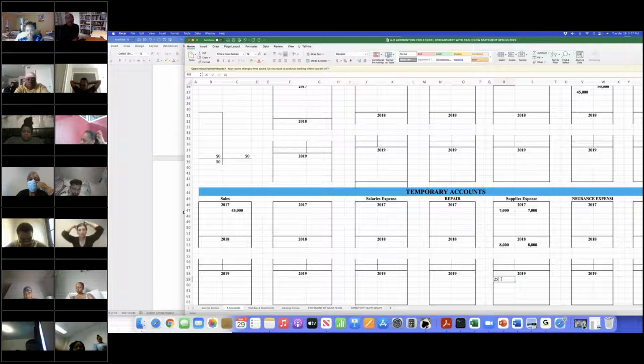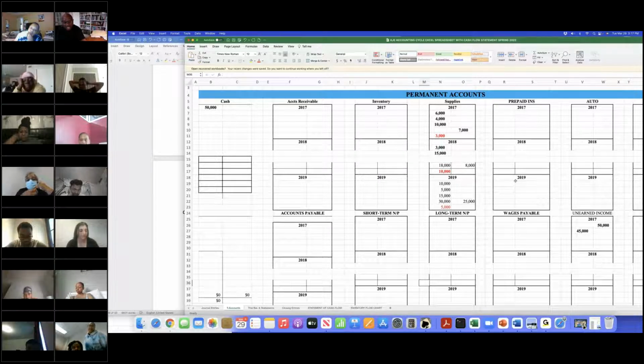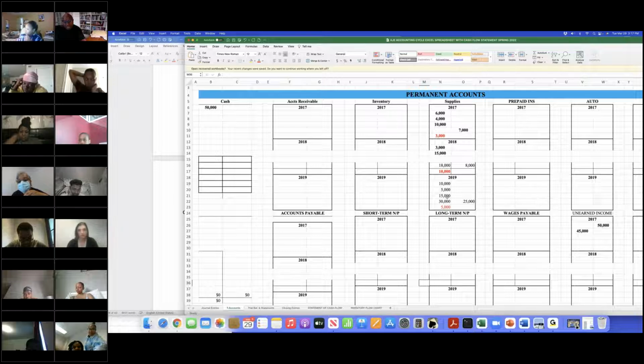Another way to look at this is that if you had $10,000 in the bank at the beginning of the period, and you put 5 and 15 in, you had 30. But if only 5,000 remained, you must have spent 25,000.